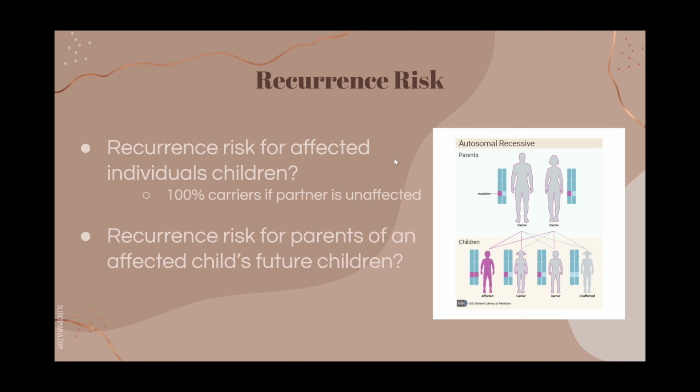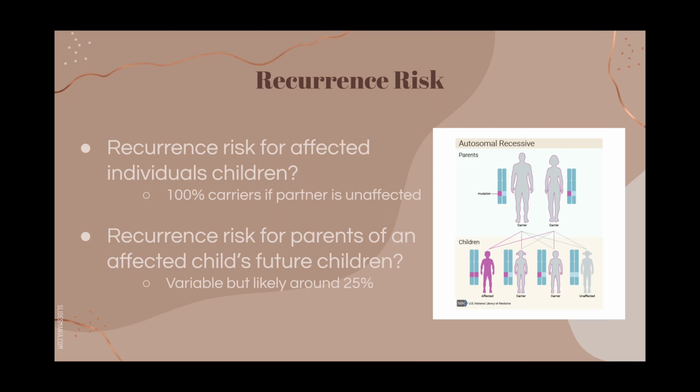So for another question, what is the recurrence risk for the parents that have an affected child's future children? And for this, you can kind of use the image on the right to help you. So this is variable, but it's likely around 25%.